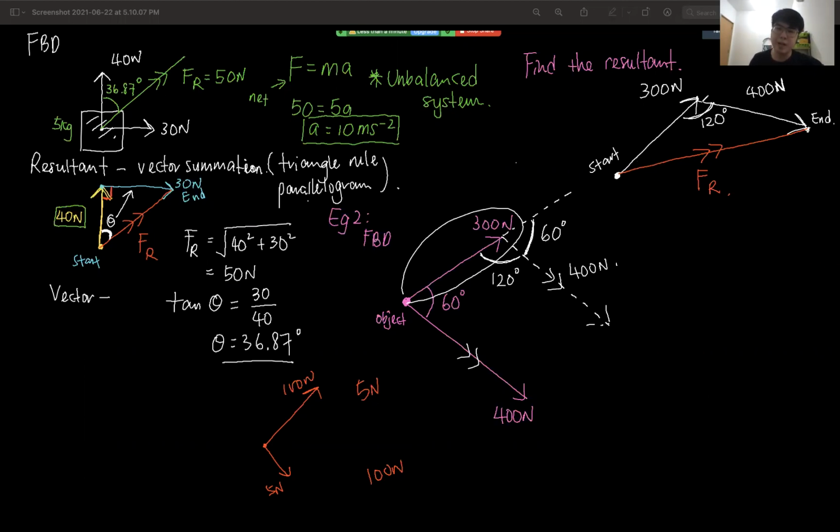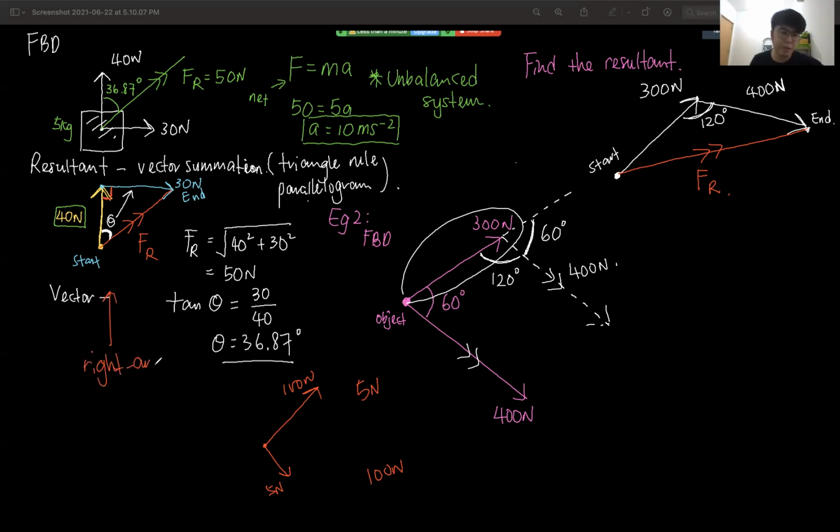Okay, so here I get my vector diagram. So what I'm going to find is the FR, and also the direction. Now, how do I find the FR? You see this triangle. In the previous example, I got a triangle. This one also I get a triangle, but the difference is that in the previous example, this was a right angle.